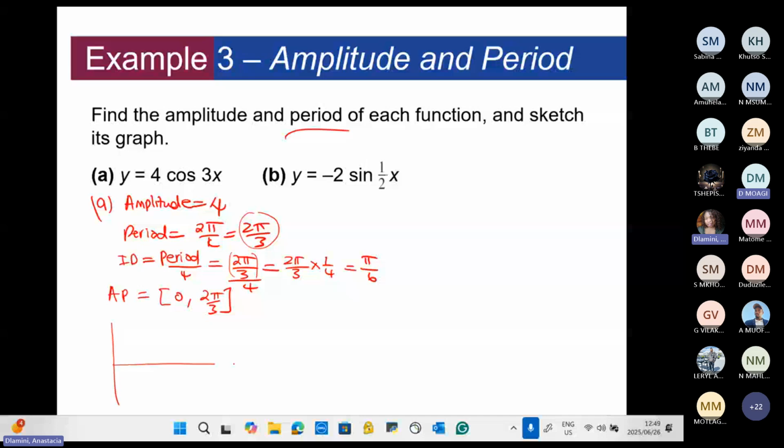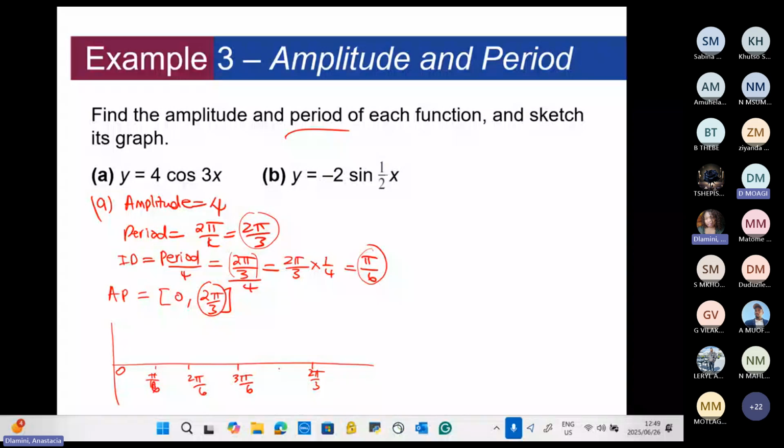So 0 plus pi over 6, that's pi over 6, then plus pi over 6, that's 2 pi over 6, plus pi over 6, that's 3 pi over 6, plus pi over 6, that's 4 pi over 6.